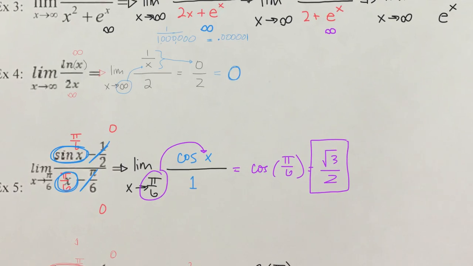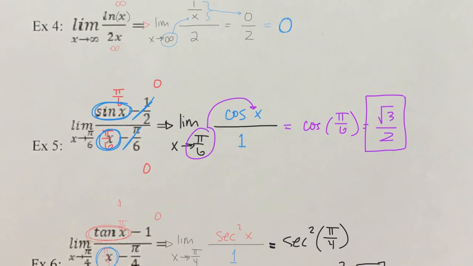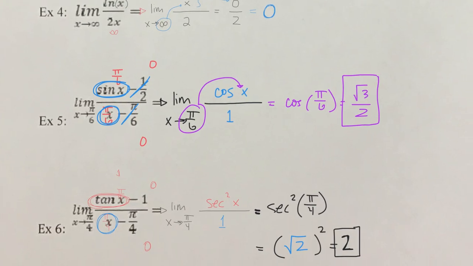So then 0 divided by 2 is still 0. Okay, 5 and 6 are done similarly. When we plug in the value, we get 0 over 0. So we take the derivative and then evaluate it at their points, okay? Because the derivative of your denominator is just 1. Okay, so there are your 2 answers for the entire thing.